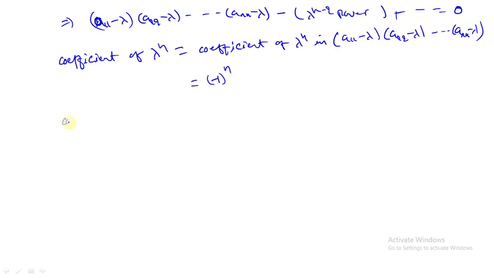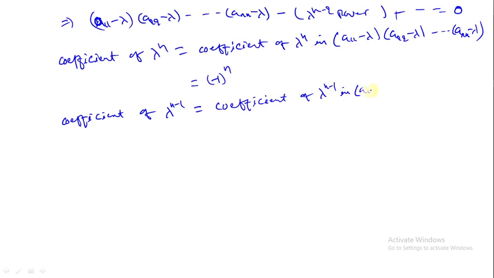Next, the coefficient of lambda power n minus 1. This is the same as the coefficient of lambda power n minus 1 in (a11 minus lambda)(a22 minus lambda) and so on (ann minus lambda).